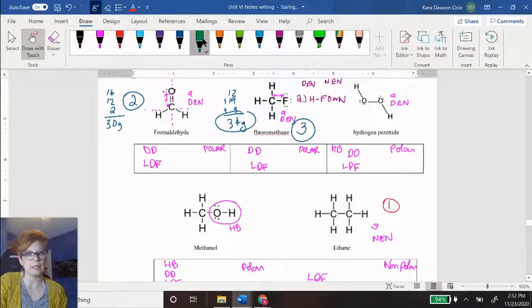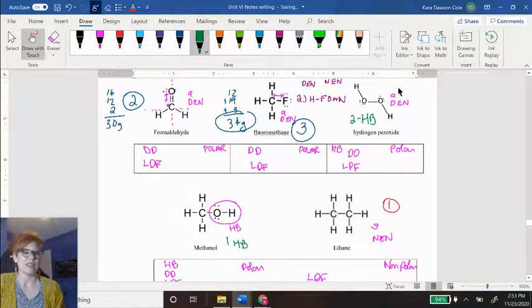And then the next thing that you look at, looking at hydrogen peroxide and methanol: I've got hydrogen bonding, dipole-dipole, London dispersion for both. The first thing that I want to look at is how many hydrogen bonding spots do I have? Because the more hydrogen bonding spots I have, the higher the melting point. Hydrogen peroxide has 2 places to hydrogen bond, whereas methanol has 1 place to hydrogen bond.